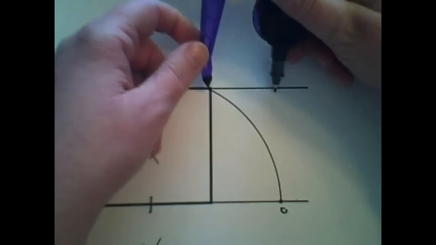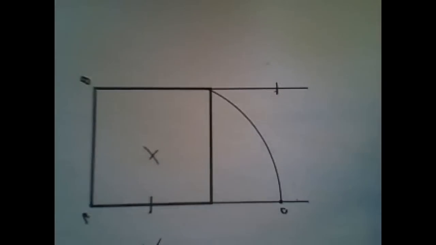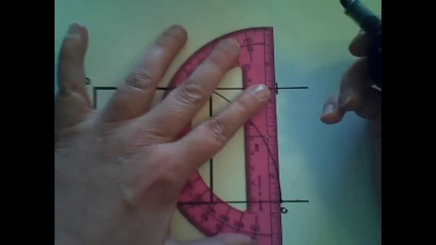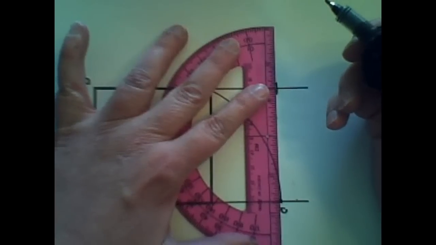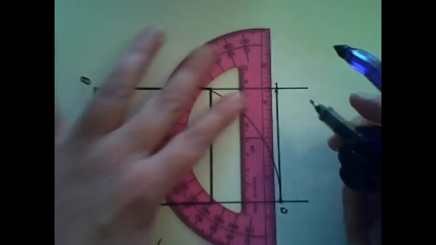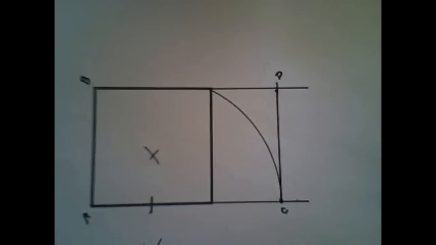And I'm going to come up here to this vertex and measure that same distance. So now, if I connect these 2 points where they have this intersection, which I think I will label D, and point C, now I've got a rectangle.